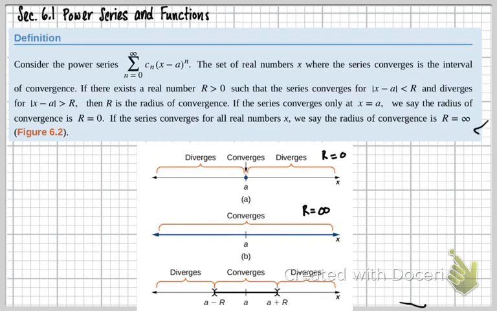And this last one is finite. This is just on this interval, so my radius of convergence is just r. And then, like I said before, this is r equals infinity, and this one is r equals 0. And I really don't like to say r equals r, but I can say r equals r.